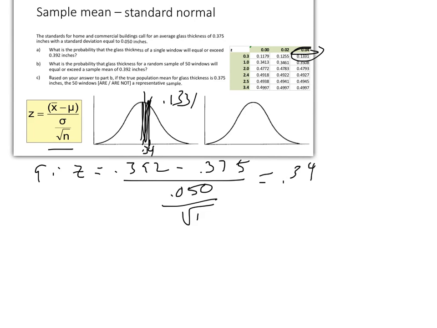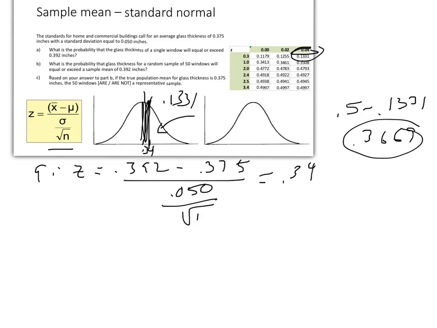Okay, and we want to know what's the likelihood that they will meet or exceed that. So fall into this area here, and so we would say 0.5 minus 0.1331 is going to be 0.3669. Okay, so that's the remainder of this area here.